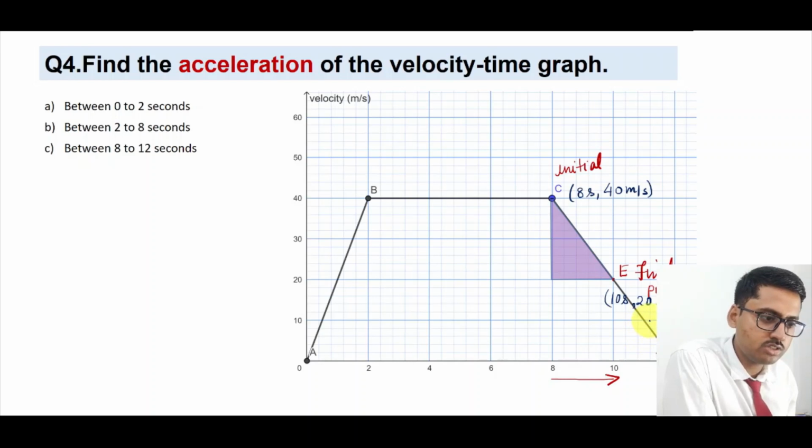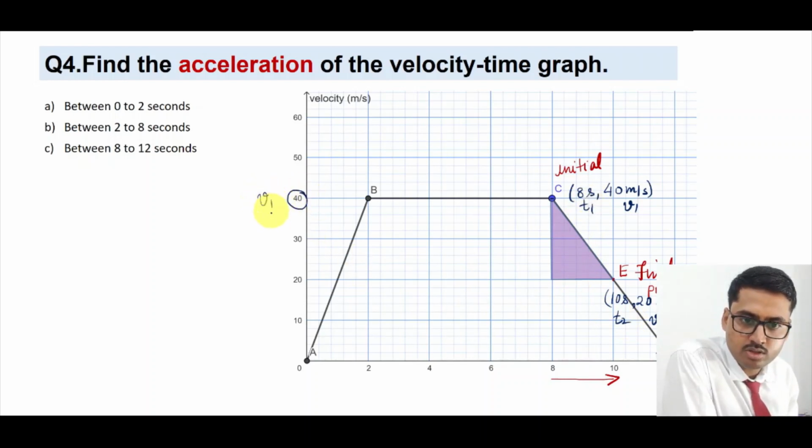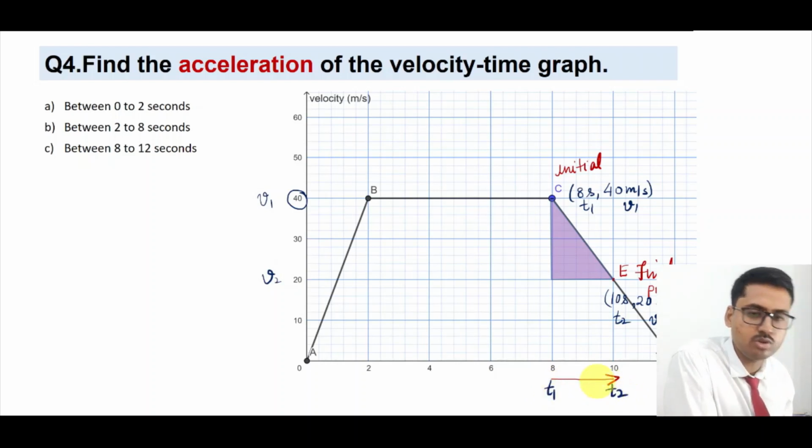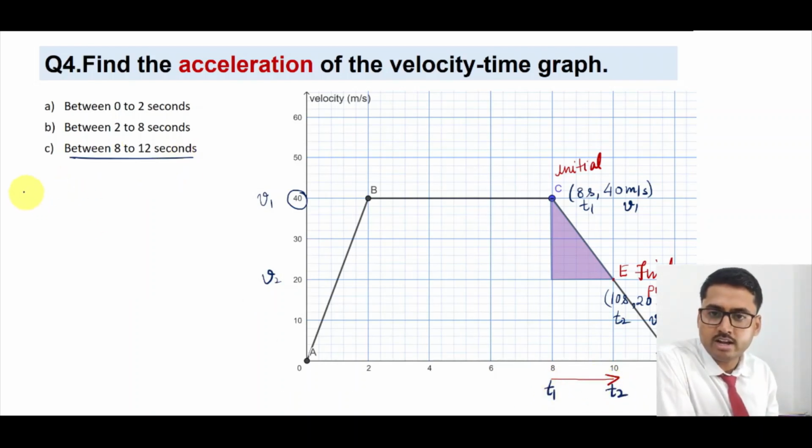So this is your V2, this is your V1, this is your T2 and this is your T1. You can even represent over here, this is your V1 and this is your V2. You can see that this is changed now, and this is your T1 and this is your T2.